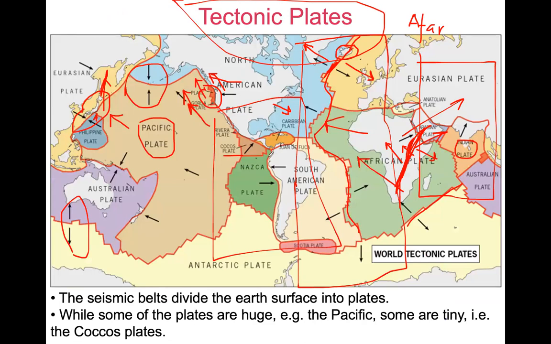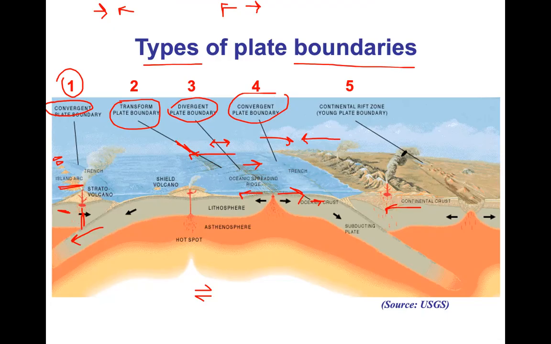In Chile, western South America, you can see the Andes mountains there. There you have the oceanic plate and continental plate. So this is a situation similar to that, right? This is a continental volcanic formation.